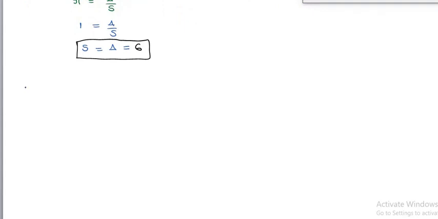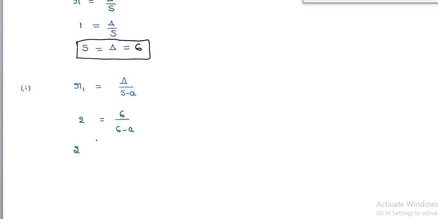Next, the first one. R1 is equal to the formula delta by s minus a. Substituting the R1 value, R1 is 2, delta value is 6, over 6 minus a.